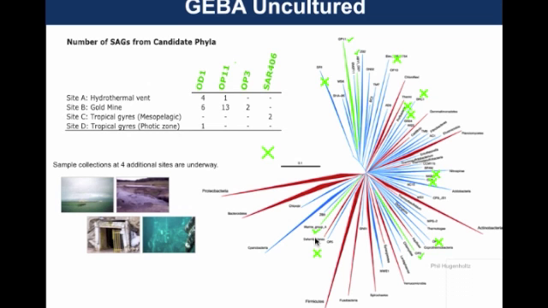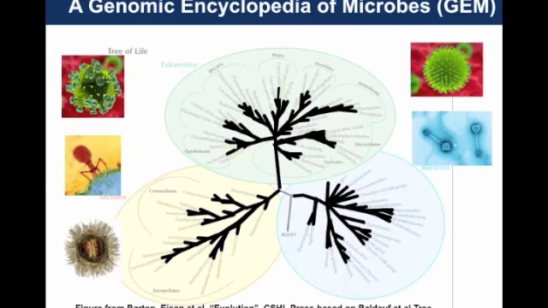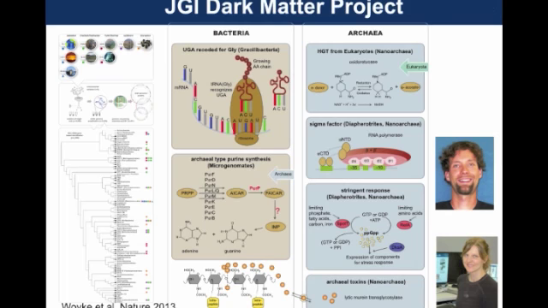This person, Tanya Wojcicki at the JGI, has been leading this project, and basically what they're doing is going to an environment where they're known to be many novel lineages, and they take samples from those environments and sort them to get individual cells. They can't culture things, but you can sort them in a flow sorter to get individual cells. And you place these individual cells into little microtiter dishes.